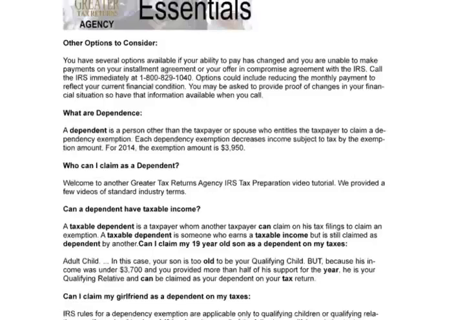Now we're going to skip down to what are dependents. A dependent is a person other than the taxpayer or spouse who entitles the taxpayer to claim a dependency exemption. Each dependency exemption decreases income subject to tax by the exemption amount.